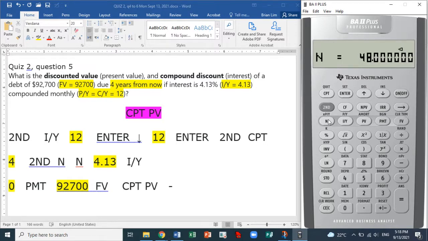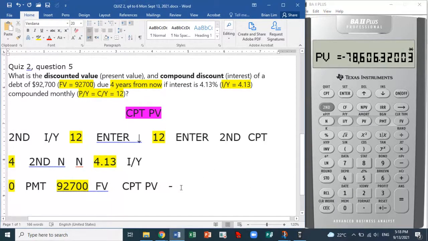So N is 48. And now we are here, 4.13 is the IY value, and we'll compute PV. We put the 0 in for the payment, we put the 92700 for the future value, and then we compute the present value, and that turns out to be 78606.32.